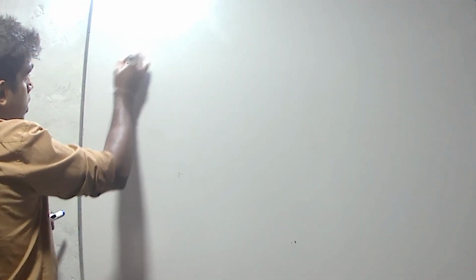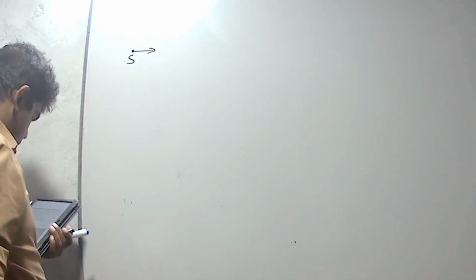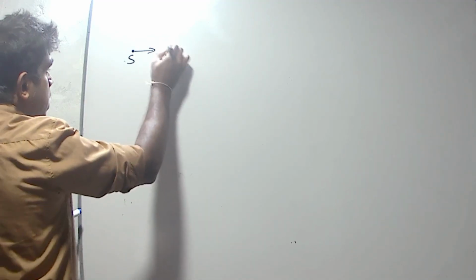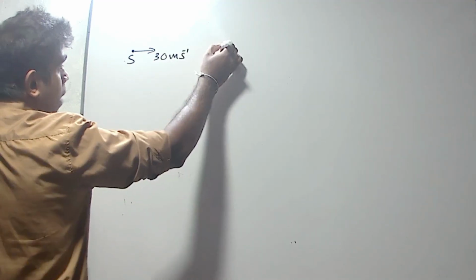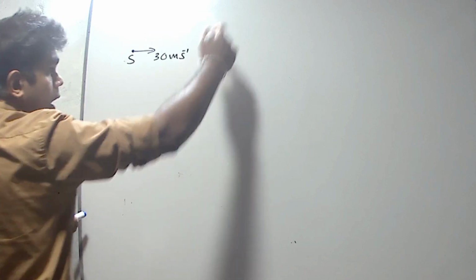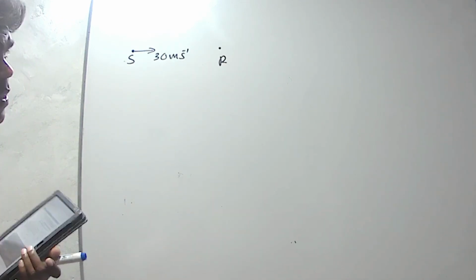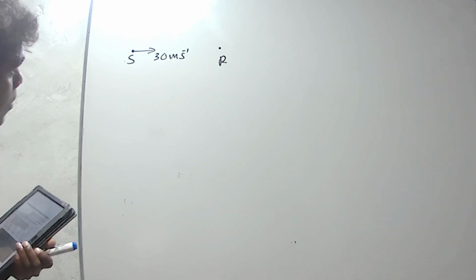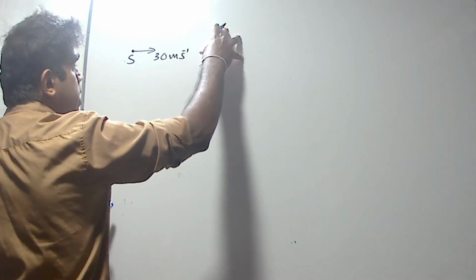We have to consider the source. The train is moving with a 30 meters per second velocity. We have to consider the receiver is in front of the train, at rest at this place.